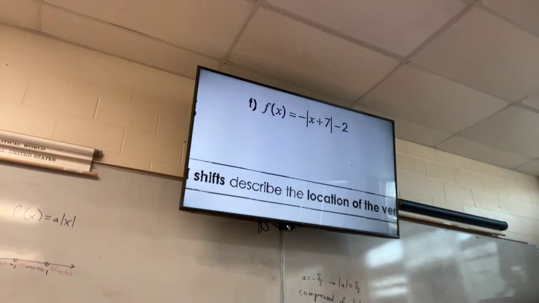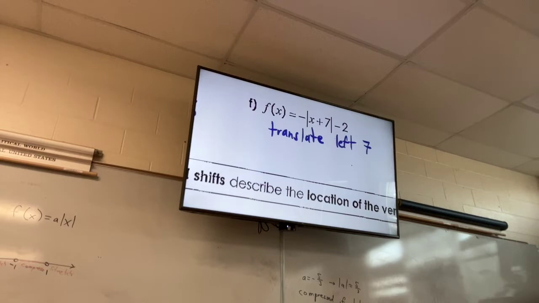All right, Ian, there's 3 of them here. What happens here? We do left 7. Yeah, translate left 7. Nice, and down 2. I want to say you're going to reflect and then translate down. It still follows PEMDAS.